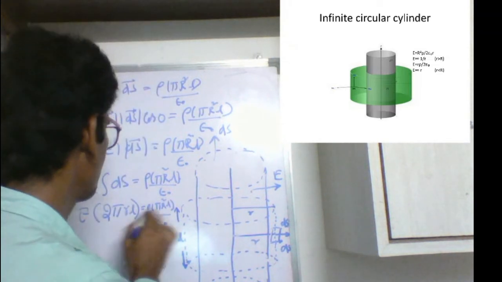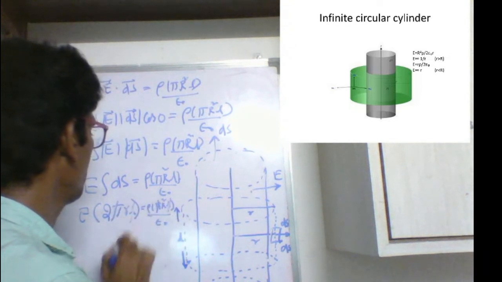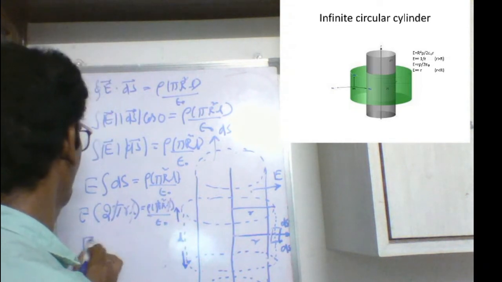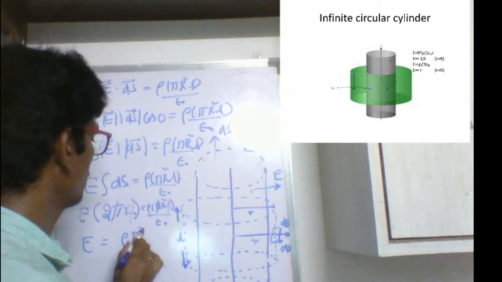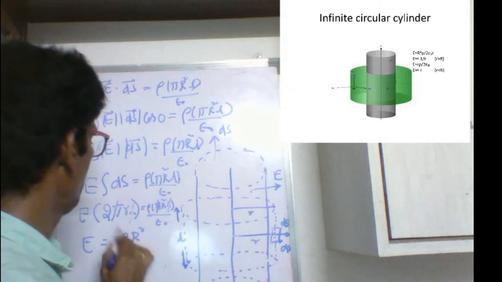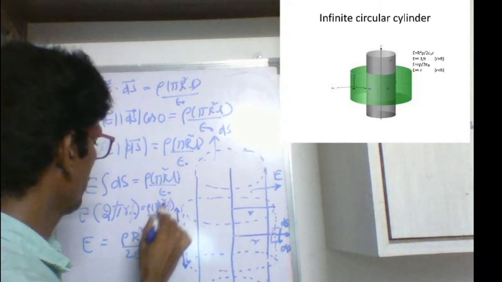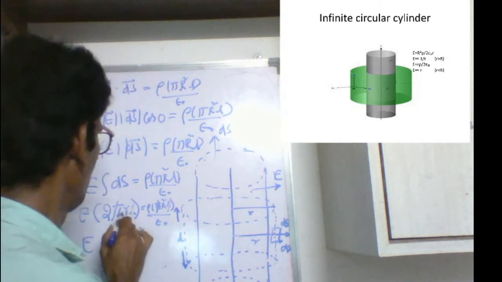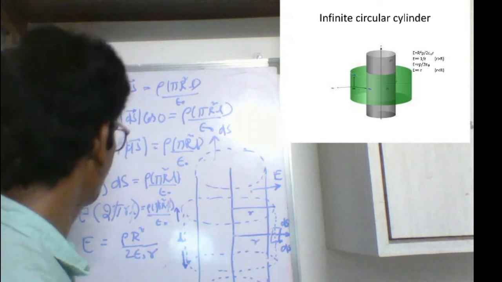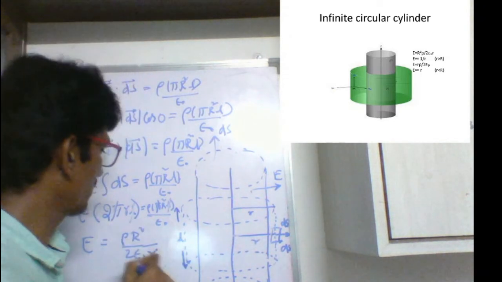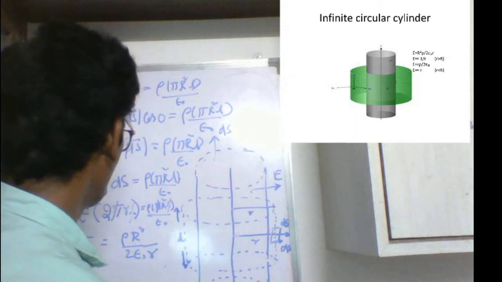Now you do some simplifications. L cancels, pi cancels. Now you have E equal to rho r square by 2 epsilon naught r, where on this side we have capital R squared, so the numerator is rho R square.